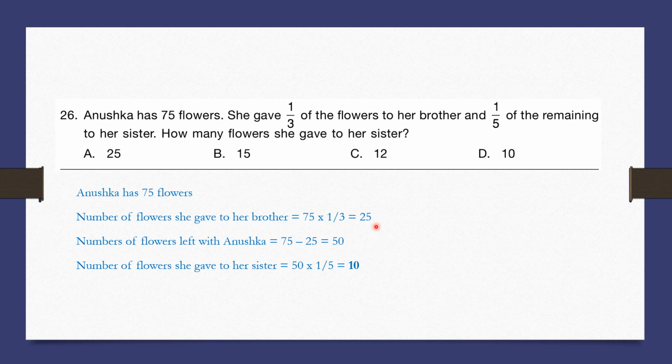So the number of flowers left with Anushka is 75 minus 25 equals 50. Now she gave 1/5 of the remaining to her sister. So 1/5 of 50 is 10. So she gave 10 flowers to her sister. So our answer is option D.